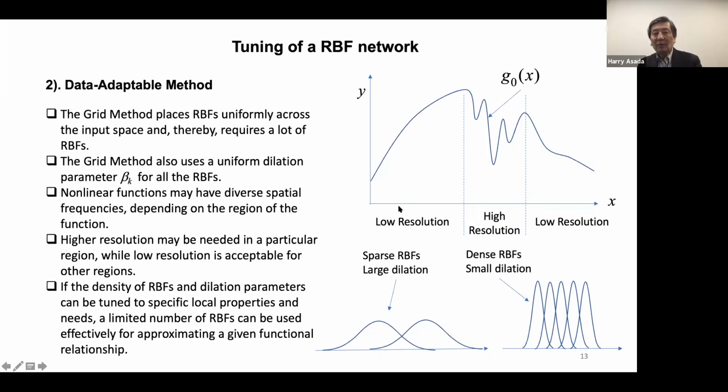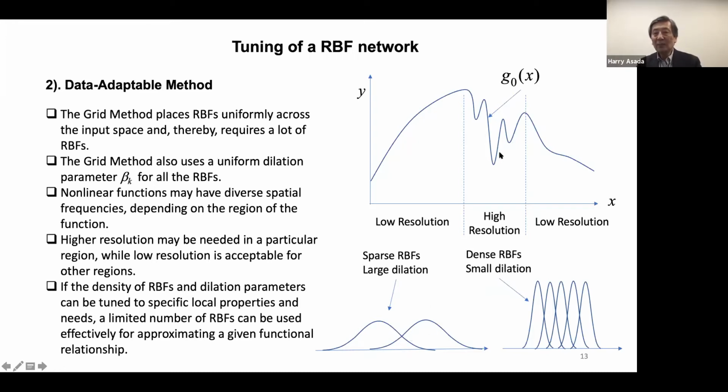So here, in the low resolution part, we can use sparse radial basis functions, and as you can see here, it's very gentle. That means large dilations, and the distance between adjacent radial basis functions is kind of long, but each function can cover larger areas, maybe overlapping in some way like this.